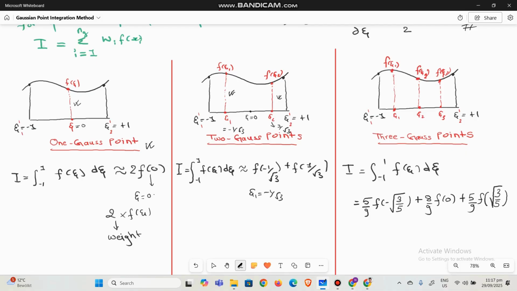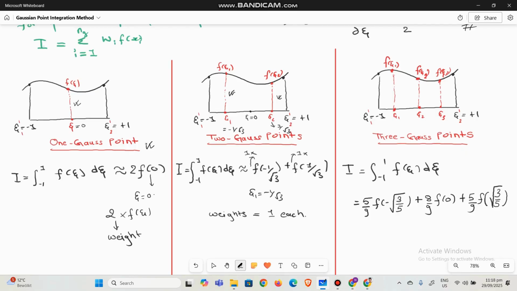Then what is the value of weights here? As you can see, the value of weight is 1 here, and here also the value of weight is 1. So the weight values are just 1 each.